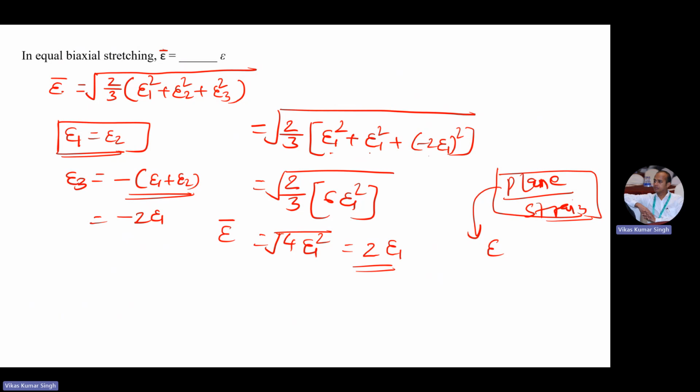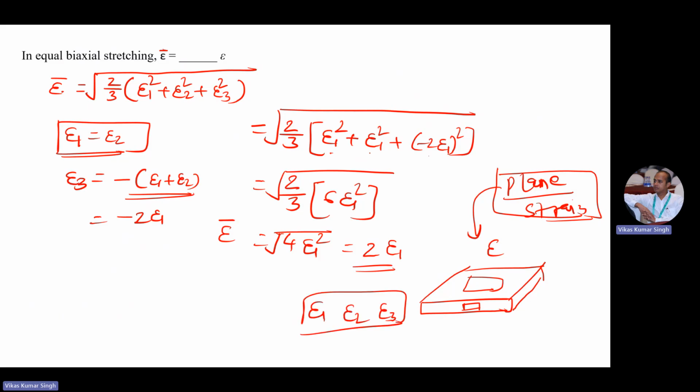We can understand this using a simple drawing. If somebody is telling plane strain, they will say in which plane, either in this plane or in this plane. So you must consider which one out of these three is zero.